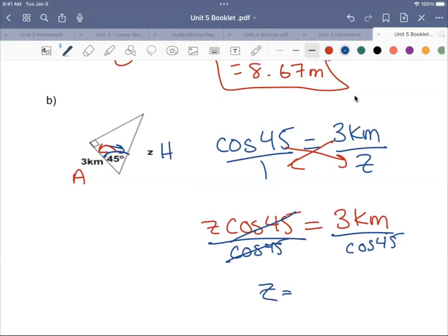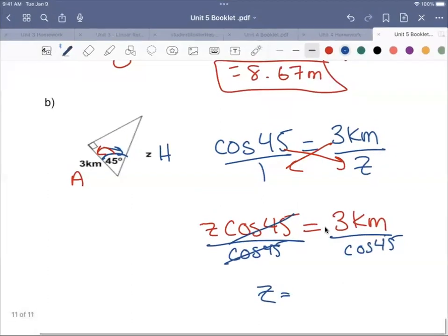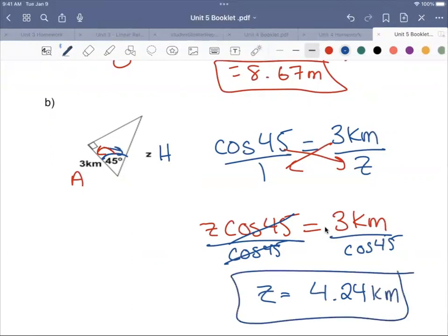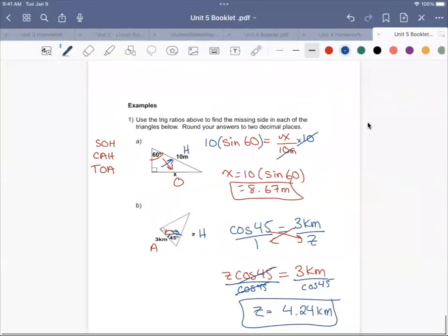So z is equal to 3 divided by the cos of 45. So that gives me 4.24 kilometers. Awesome. And that is everything for this lesson.